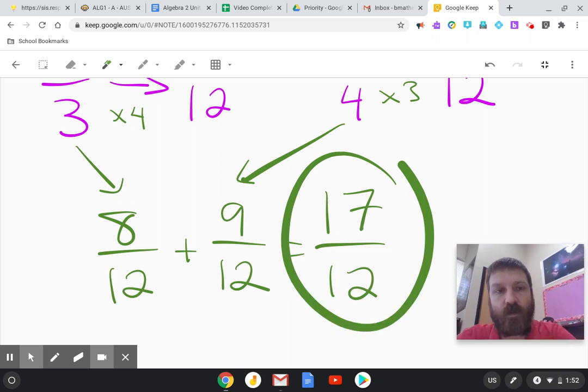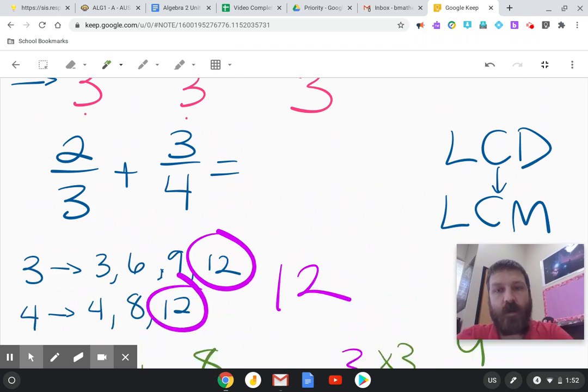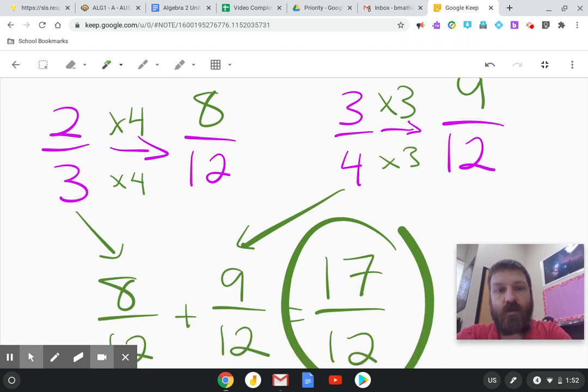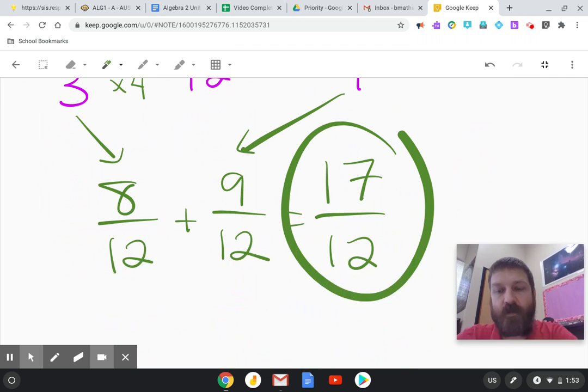So just to walk us through the steps again, we're going to start by finding the least common denominator, also known as the least common multiple, of the denominators of my fractions. Then I'm going to convert those fractions into fractions that have that denominator. You do that by multiplying by the same number on the top and the bottom. Once you do that, you can simply add the numerators, or the tops of the fractions, to find the final answer.